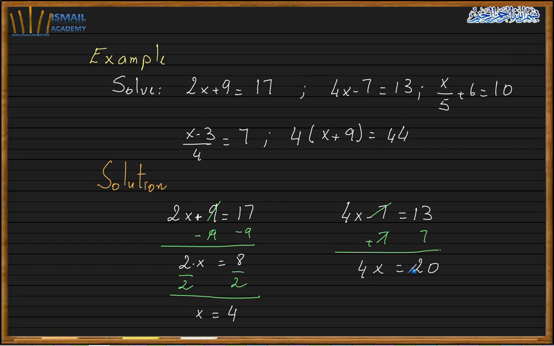Here I divide by 4, and we end up with x equals 5. As you see here, for both examples, we subtract and divide both sides, applying the order of equations, and we apply the equality operation.